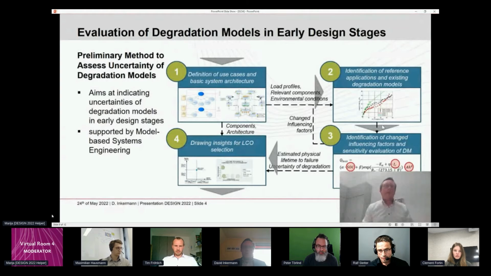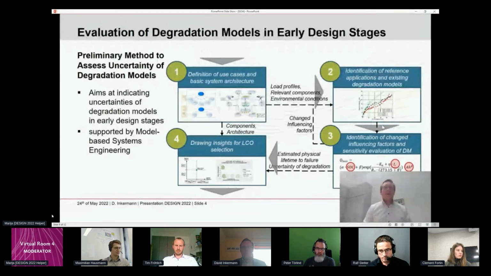In order to identify and also assess this uncertainty, we provide a preliminary method that is divided into four basic steps, aiming to indicate the uncertainty for the available degradation models, to use these in early design stages and for the lifetime prediction.